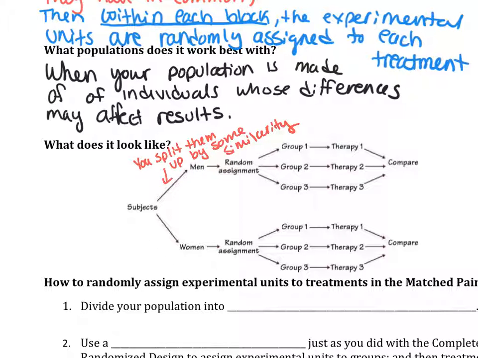That's one thing you get to choose. And then within each block, you're going to split it up into groups based on how many treatments you have. So the number of groups is the same as the number of treatments, just like the completely randomized one yesterday.